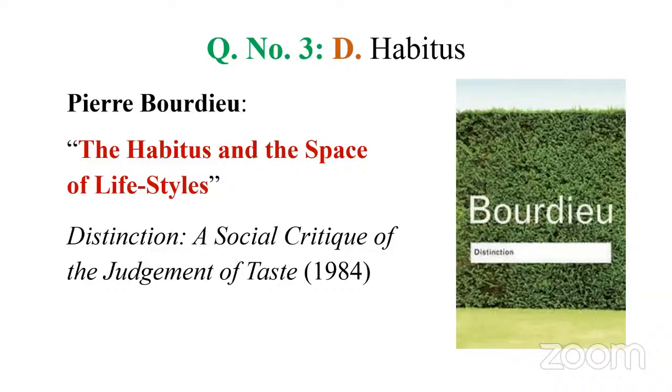Why are you educated? You are educated to appreciate art or value, so that you'll buy. For instance, even now, famous paintings sell for crores or millions of dollars. Why? Because of this. And how does this happen? It's called habitus. Habitus simply means it's kind of a habit, right? You can remember the word habit.